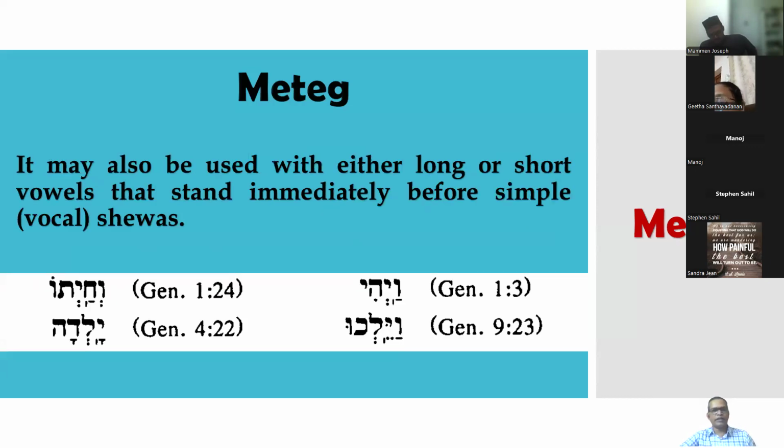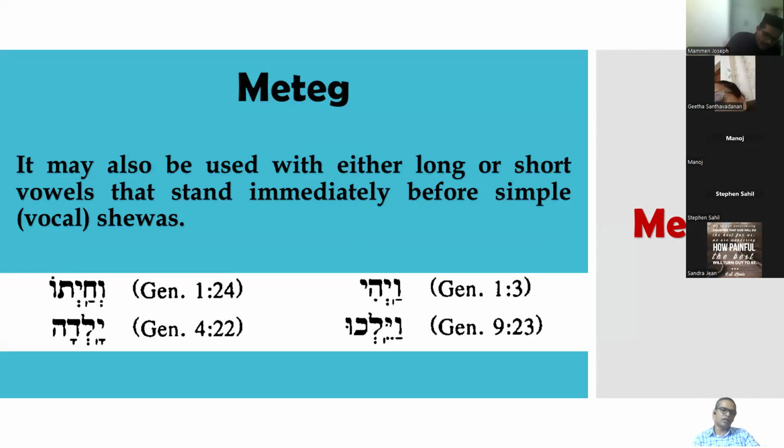The third place where you will see metek is that it can also appear before either long or short vowels. Okay, it will appear with either long or short vowels that stand immediately before a simple vocal shiva.